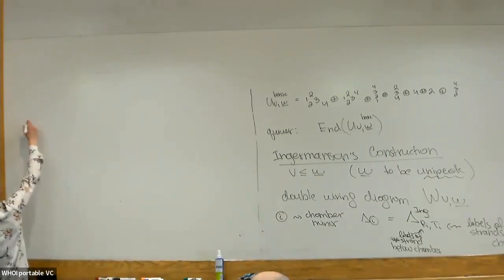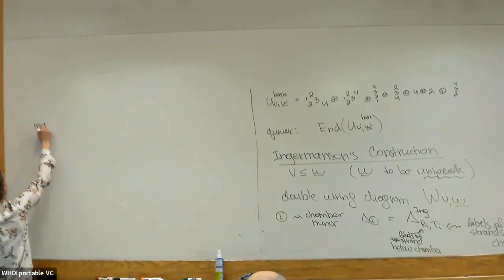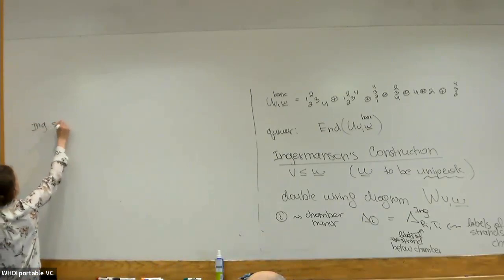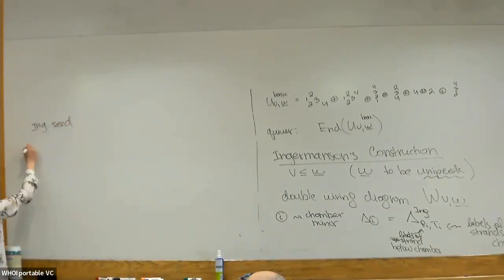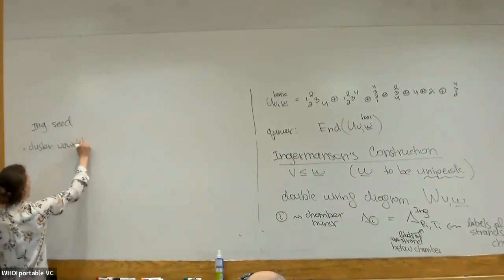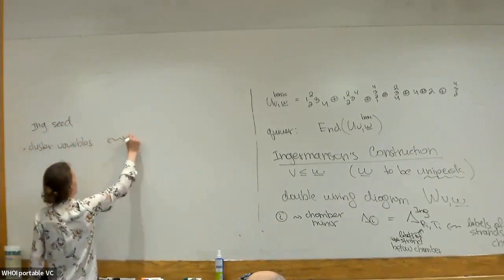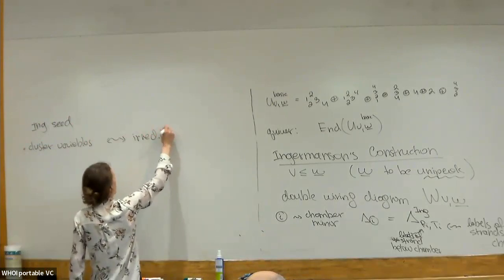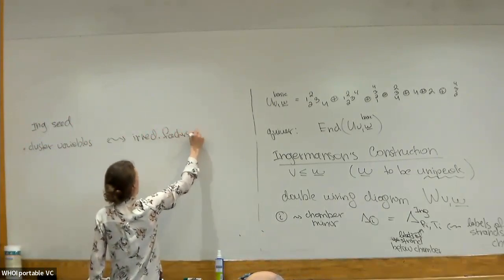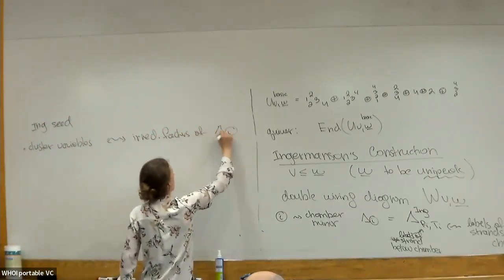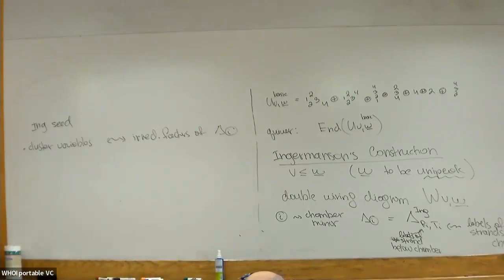Okay, so Ingermanson's seed. The cluster variables correspond to irreducible factors of these chamber minors.